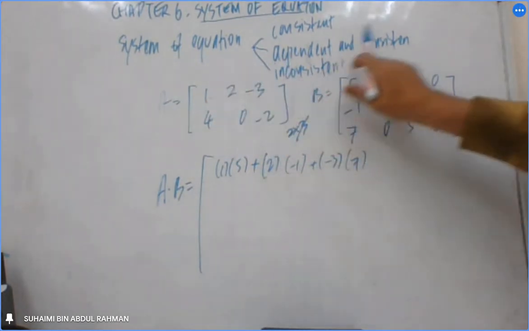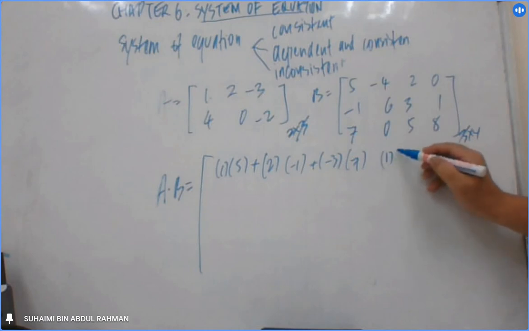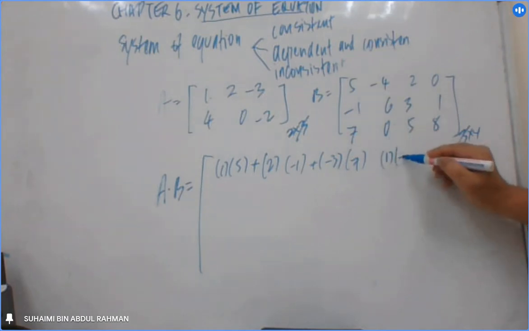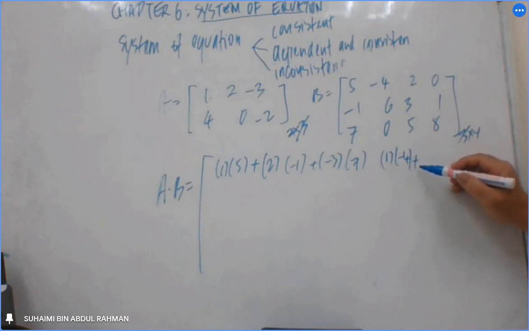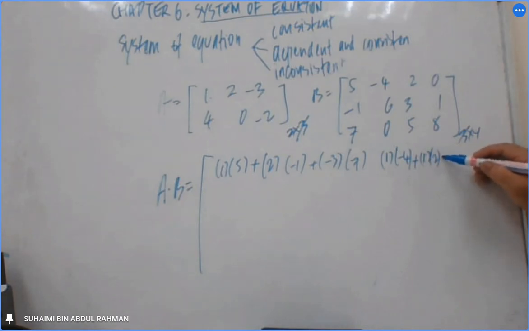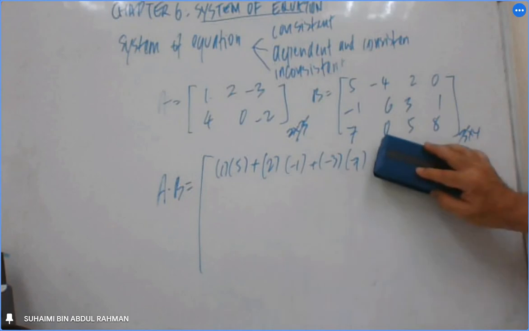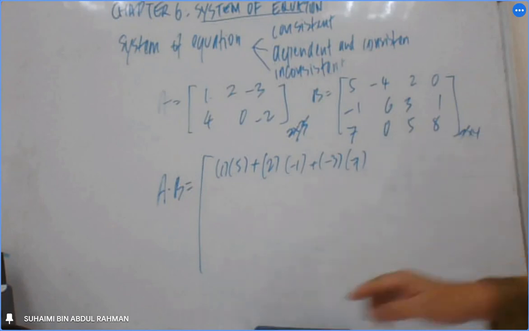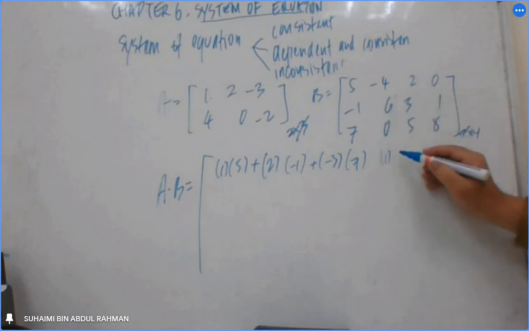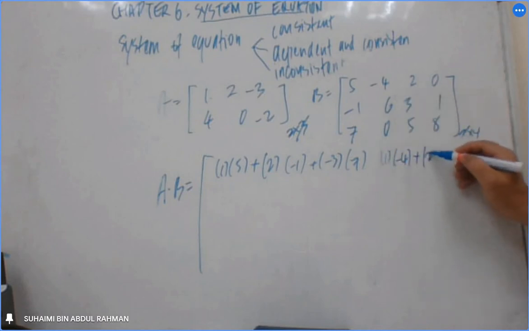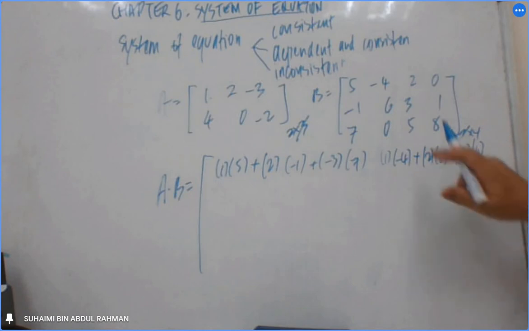Then the row multiplied by the next column: 1 multiplied by minus 4, plus 2 multiplied by 6, plus minus 3 multiplied by 0.